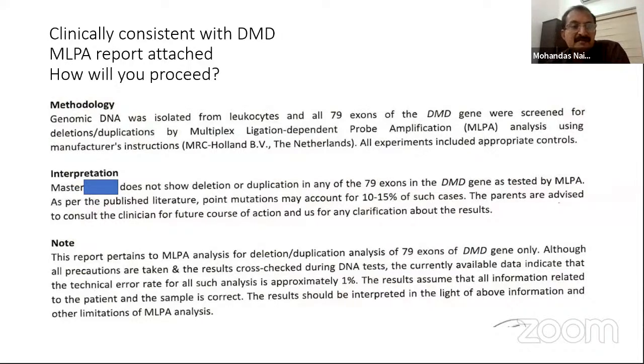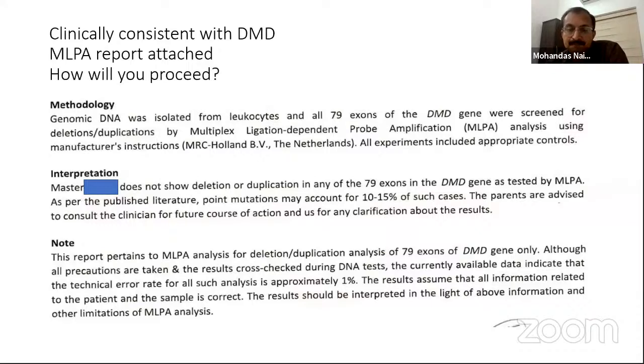It has 79 exons, and there can be deletions or duplications in a single exon or multiple contiguous exons. That can be identified by the investigation called MLPA, multiplex ligation dependent probe amplification. In this particular case, they have reported that this child does not show deletion or duplication in any of the 79 exons in the DMD gene.